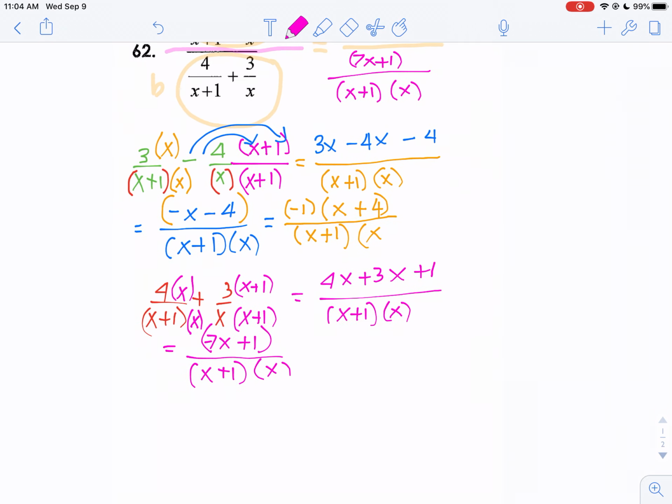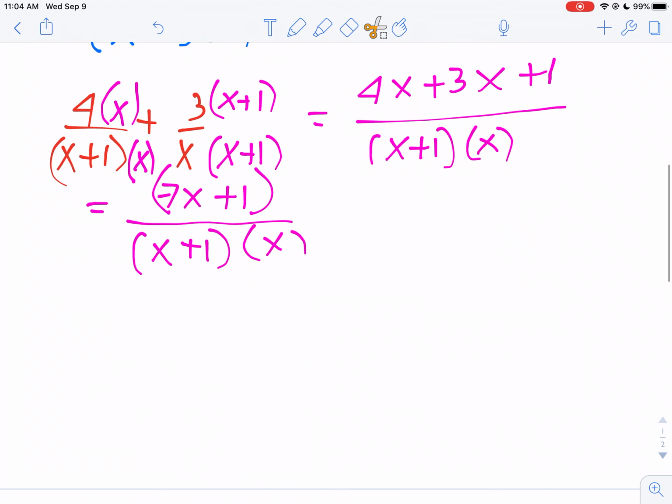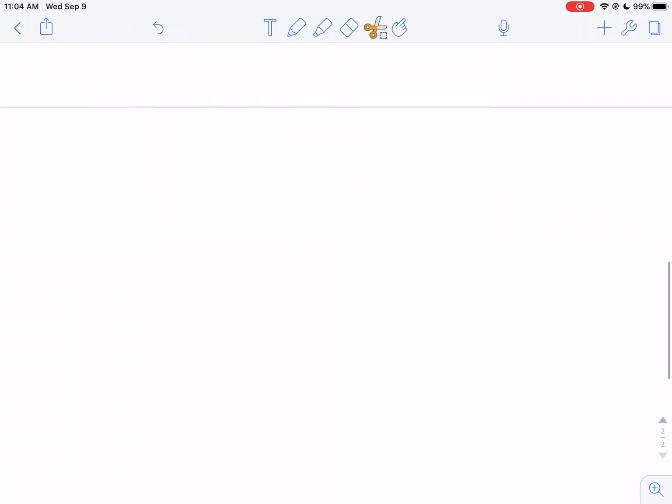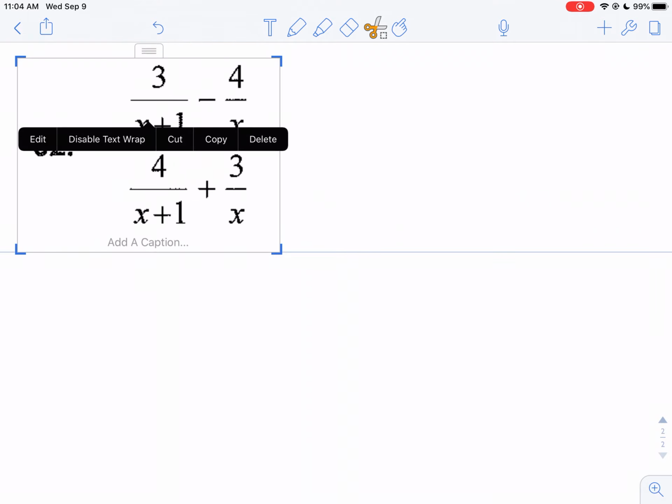Okay, so I think what I'm going to do now, because I need space, is go ahead and cut this part and put it down here so I have more space. Maybe not on a new page. Oops, that's the wrong one. That was the new one. Let's see, go back.